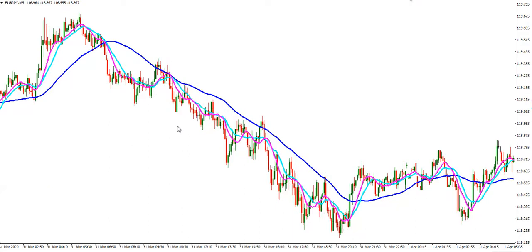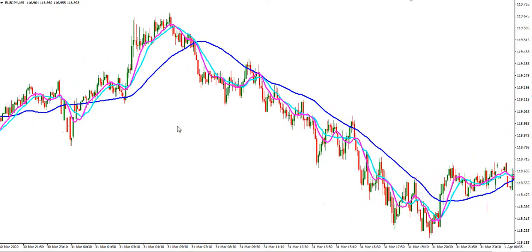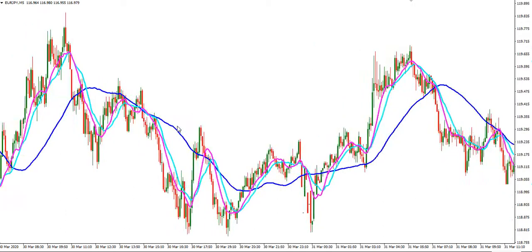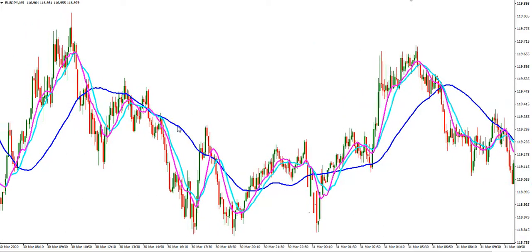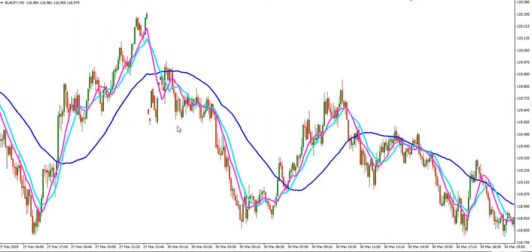I recommend that this is not a sell. Basically, this is not only a sell indicator. You can also find a buy opportunity over here, but I could not check any buy. Yeah, this one. Now both lines have crossed the 50 moving average. Moving ahead, you have to wait.